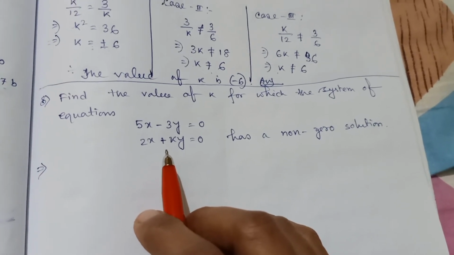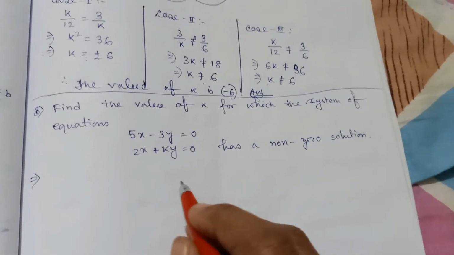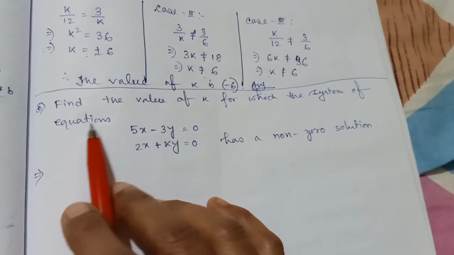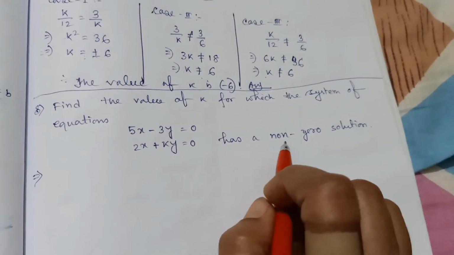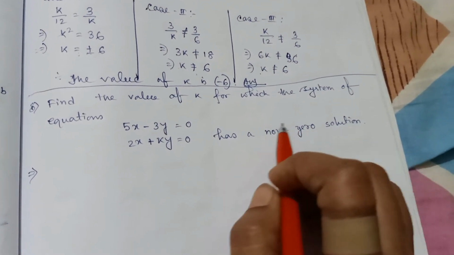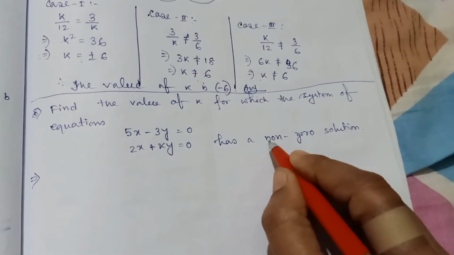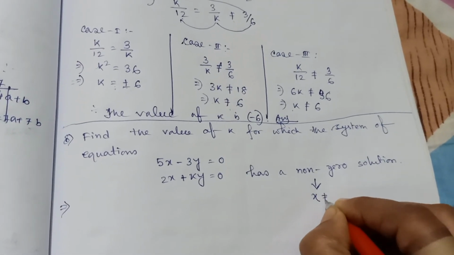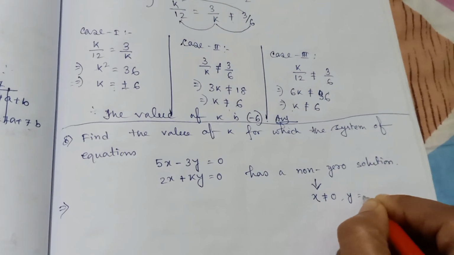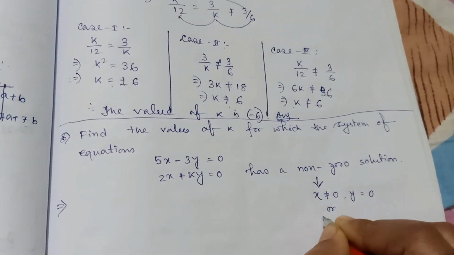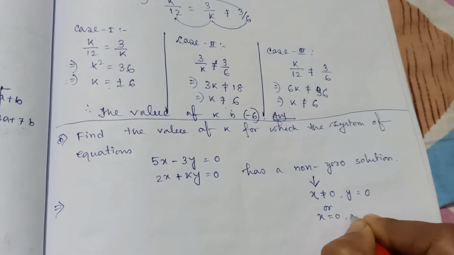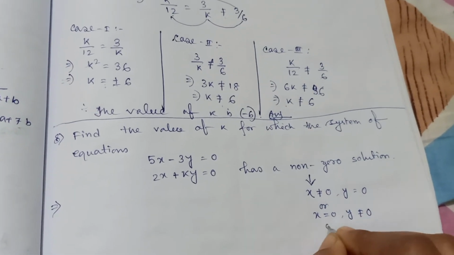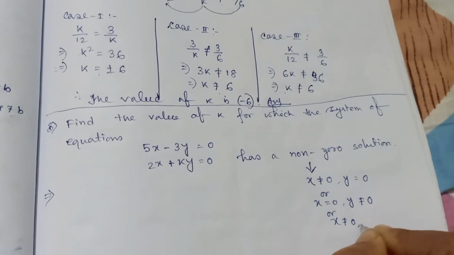clear in their head. Okay, so now look, find the value of k for which the system of equations this and this has non-zero solutions. It is not no solution. Non-zero solution means x not equals 0, y equals 0, or x equals 0, y not equals 0, or both not equal to 0.